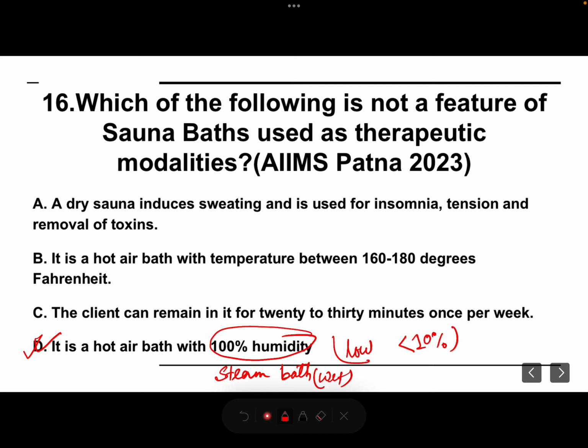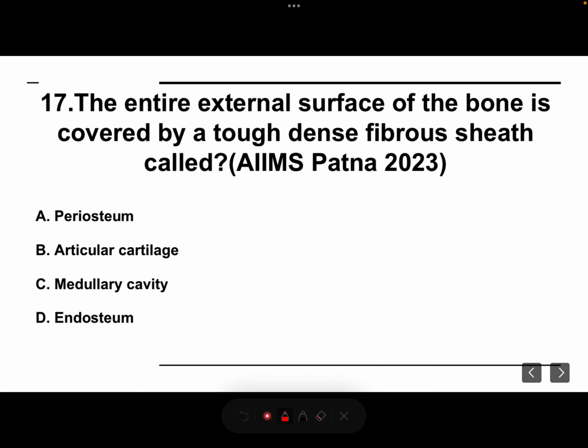Next, come to question number 17. The entire external surface of the bone is covered by a tough, dense fibrous sheath called option A periosteum, option B articular cartilage, option C medullary cavity, and option D endosteum. The correct answer is option A periosteum.